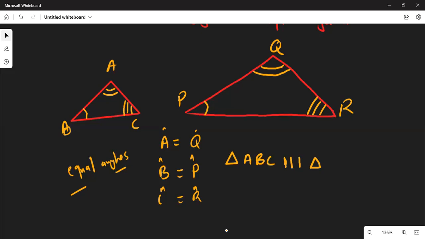Angle A is the same as angle Q. Going to B, angle B is the same as angle P. Angle C is the same as angle R. So these are the two triangles which are similar.